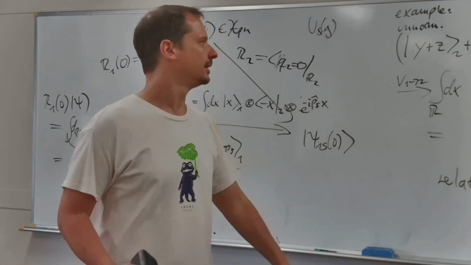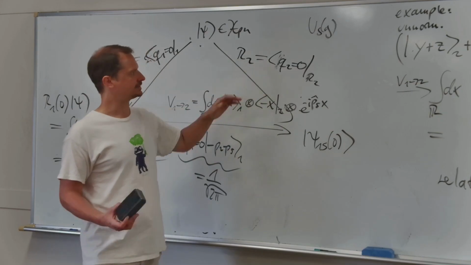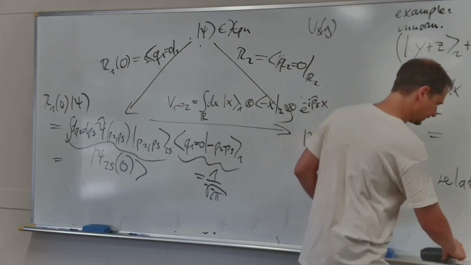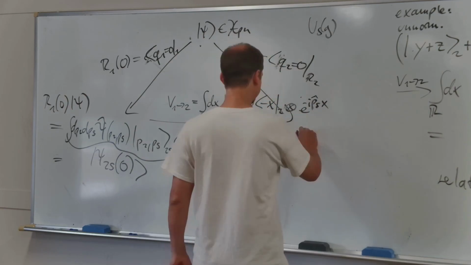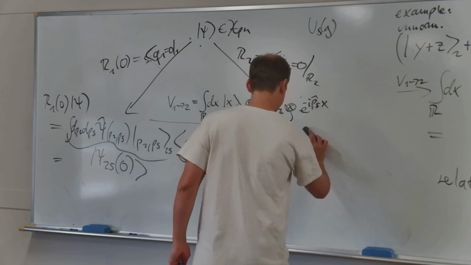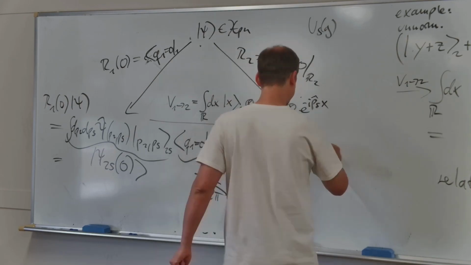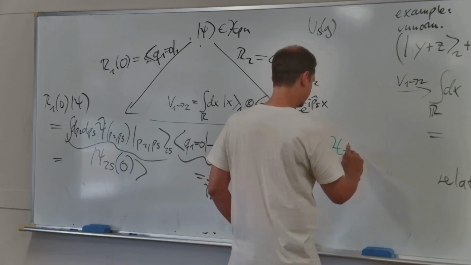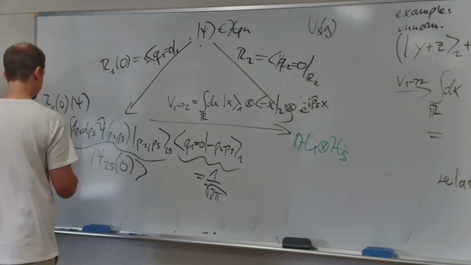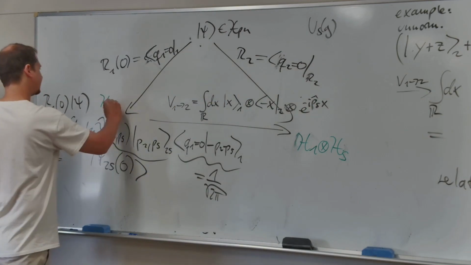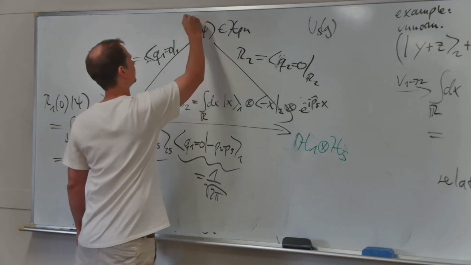Here this will give you H1 tensor HS, and here H2 tensor HS, when I have HPN on the top.